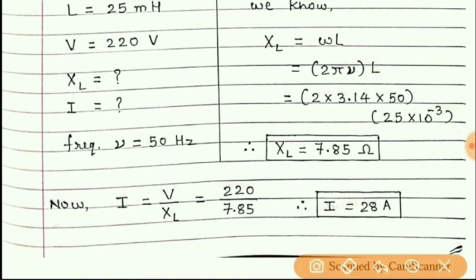Now voltage is given 220. Inductive reactance we obtained 7.85. Calculating this, we will get the RMS value of current I is equal to 28 ampere.